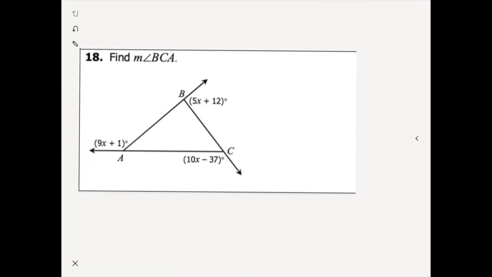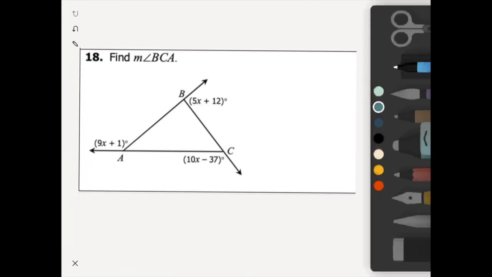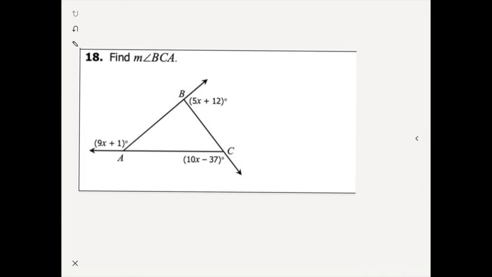So this one is a little bit different just because we're dealing with exterior angles, exterior meaning outside. So remember that the sum of the exterior angles is always 360, no matter what polygon it is.